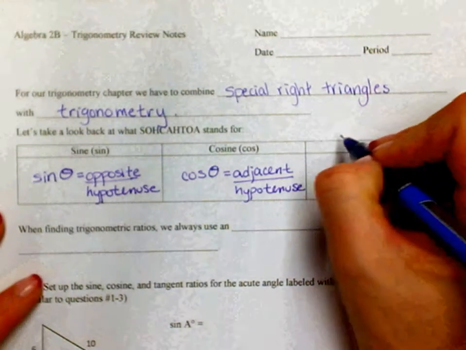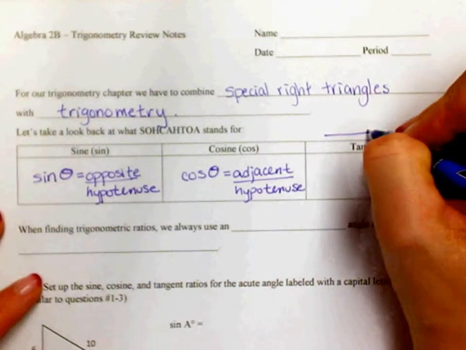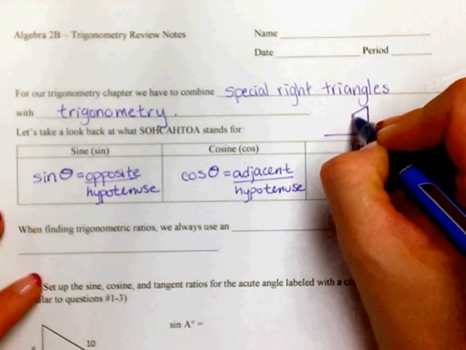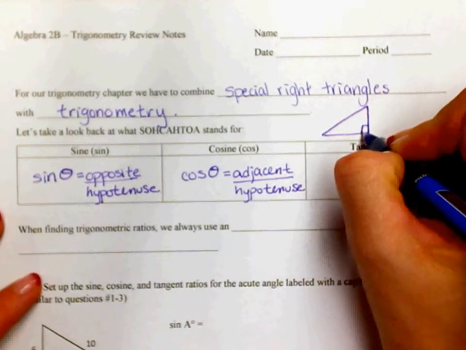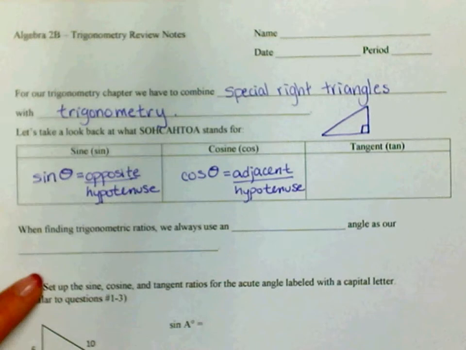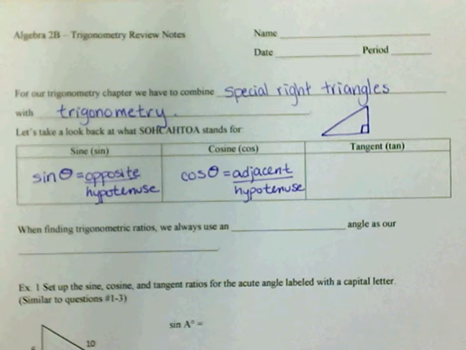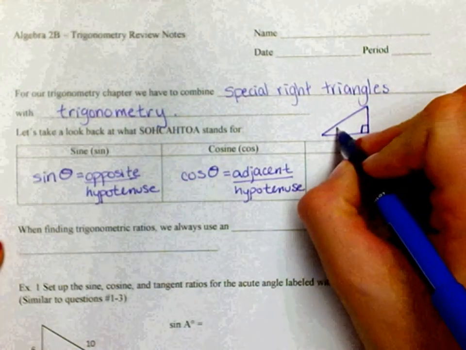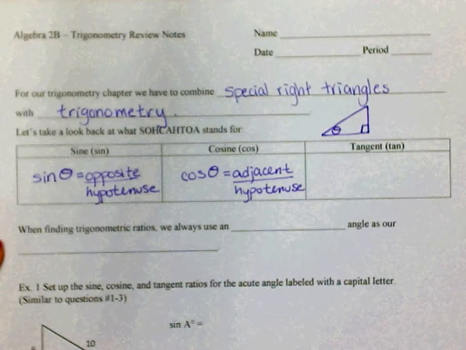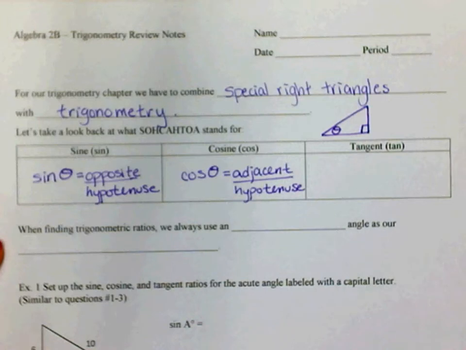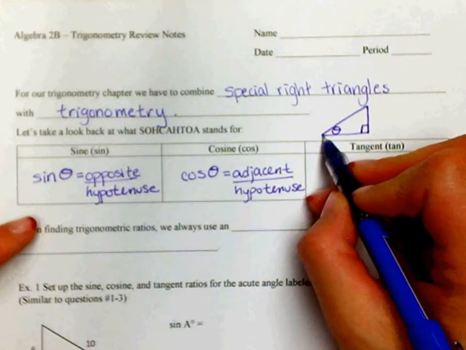Now it may help to review a little bit how I find these adjacent and opposite sides. So if we just add a little triangle here, it has to be a right triangle. All trigonometry, for our sake at this point, has been done with right triangles only. So I have some angle theta, and this is my reference point.